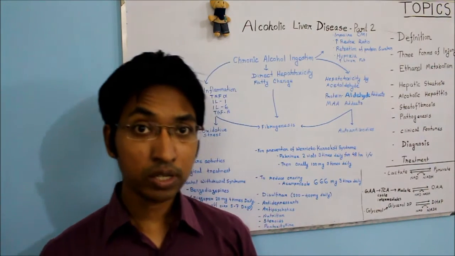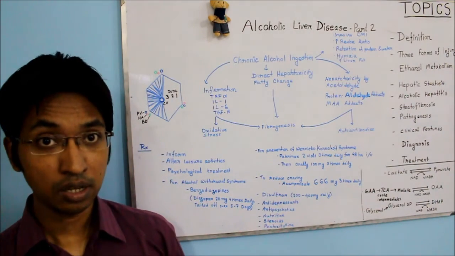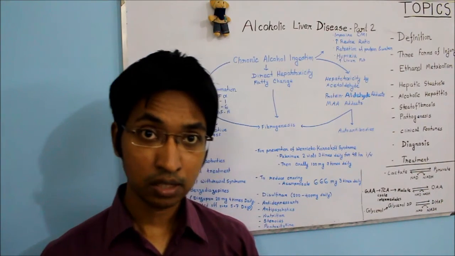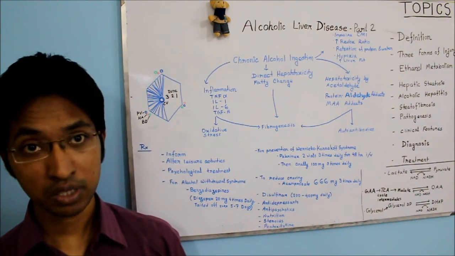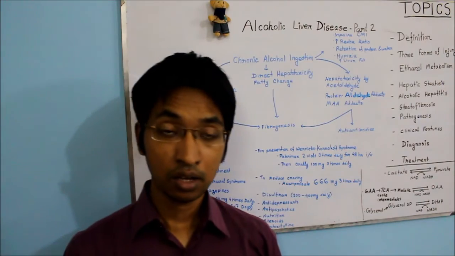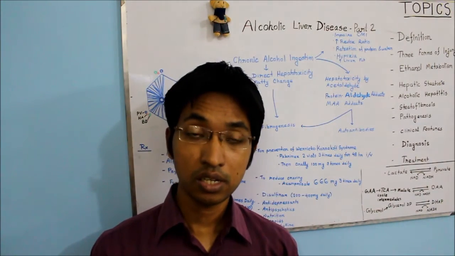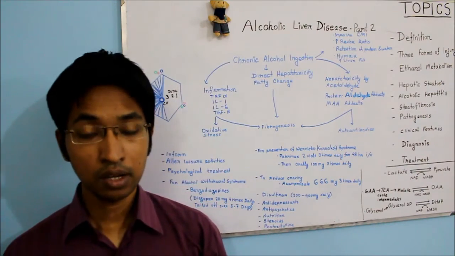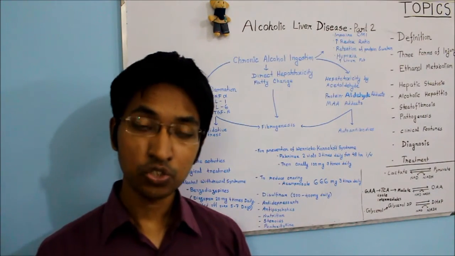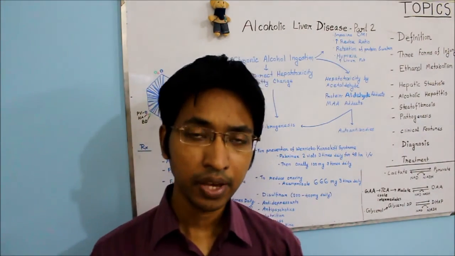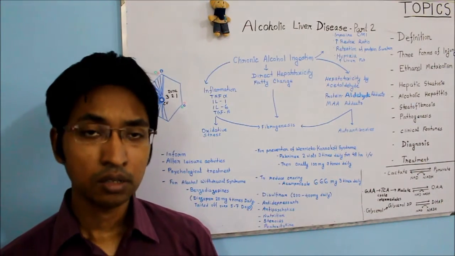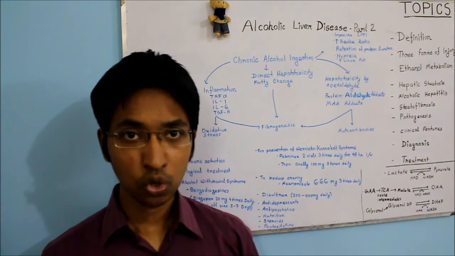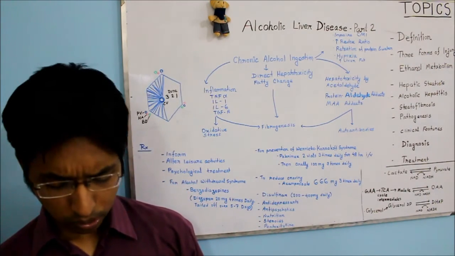In alcoholic hepatitis, there can be hepatomegaly and jaundice, and the patients of alcoholic hepatitis may develop this disease in a very acute nature. Their history may contain history of heavy drinking, and in many cases there can be cirrhosis superimposed with alcoholic hepatitis as well.